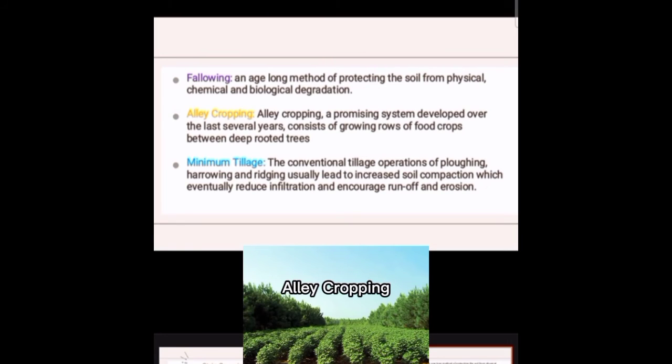Now, the next after fallowing is alley cropping. Alley cropping, a promising system developed over the last several years, consists of growing rows of food crops between deep-rooted trees.